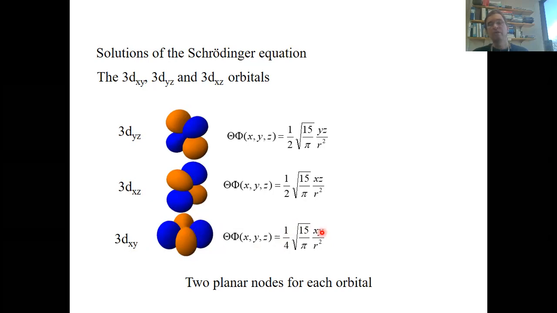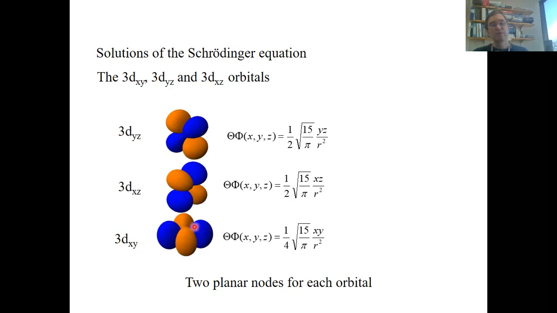plane. Okay, so now these nodes again give these three orbitals their characteristic shape. So the 3dxy looks similar to the 3dx squared minus y squared because it has two lobes of the same algebraic sign.